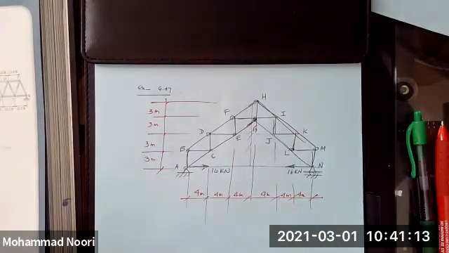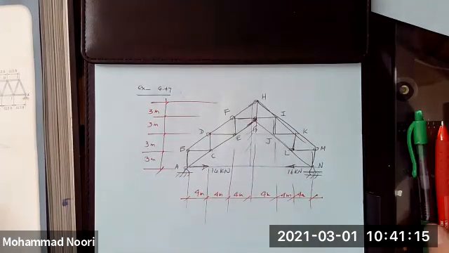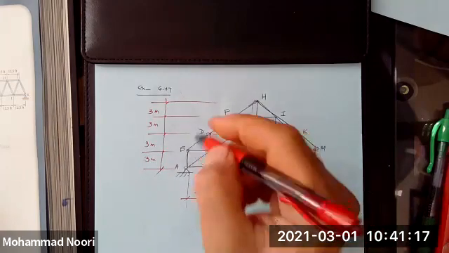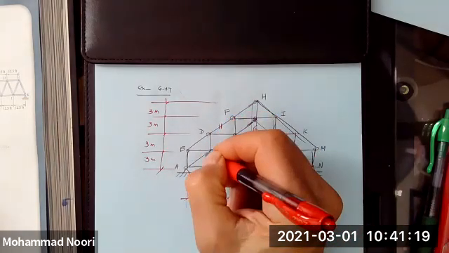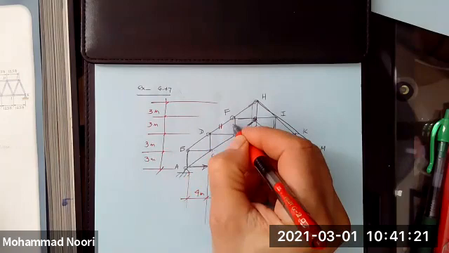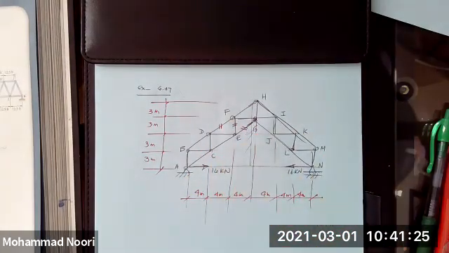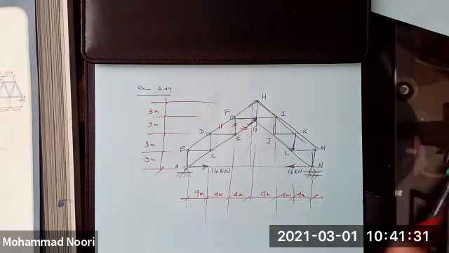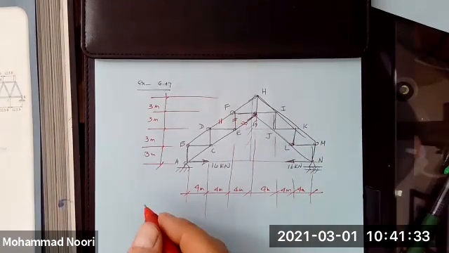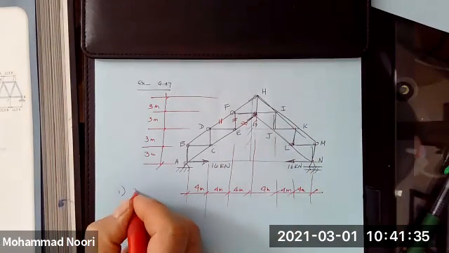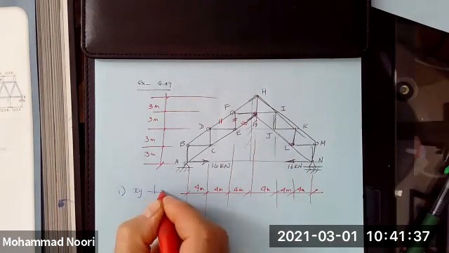The problem is asking you to find forces in member DF, EF, and EG. Okay. So let's start following those steps. Step 1, X, Y coordinates, right?